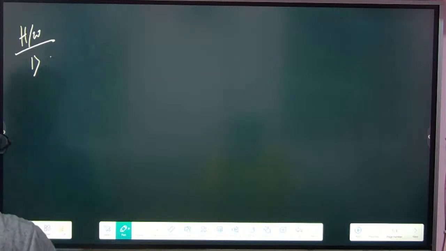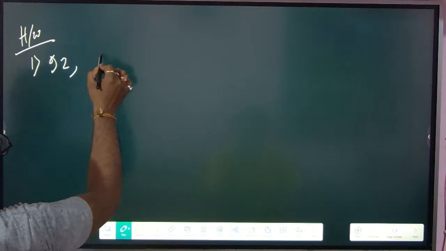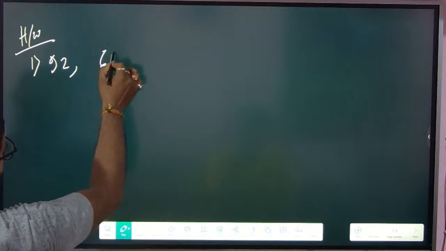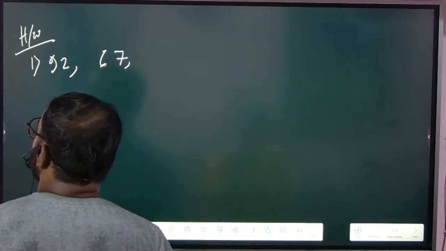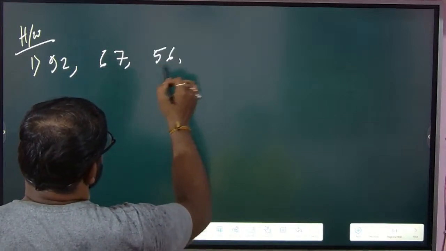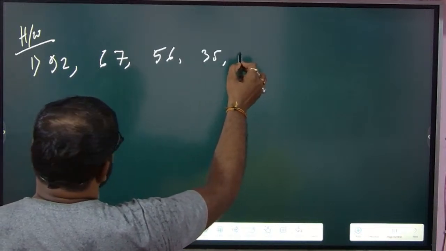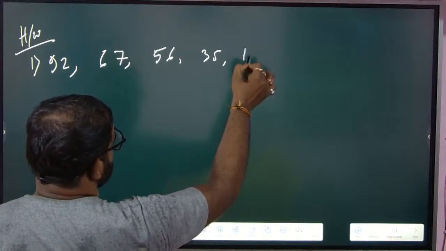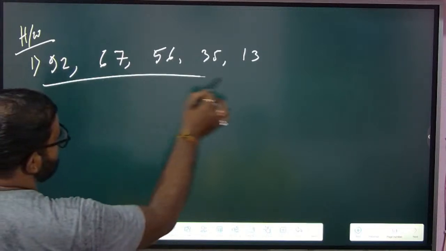Suppose elements having 92, then I will give random ones: 67, then 56, then 35, and the last one 13. Do these at home, the electronic configuration of these elements.